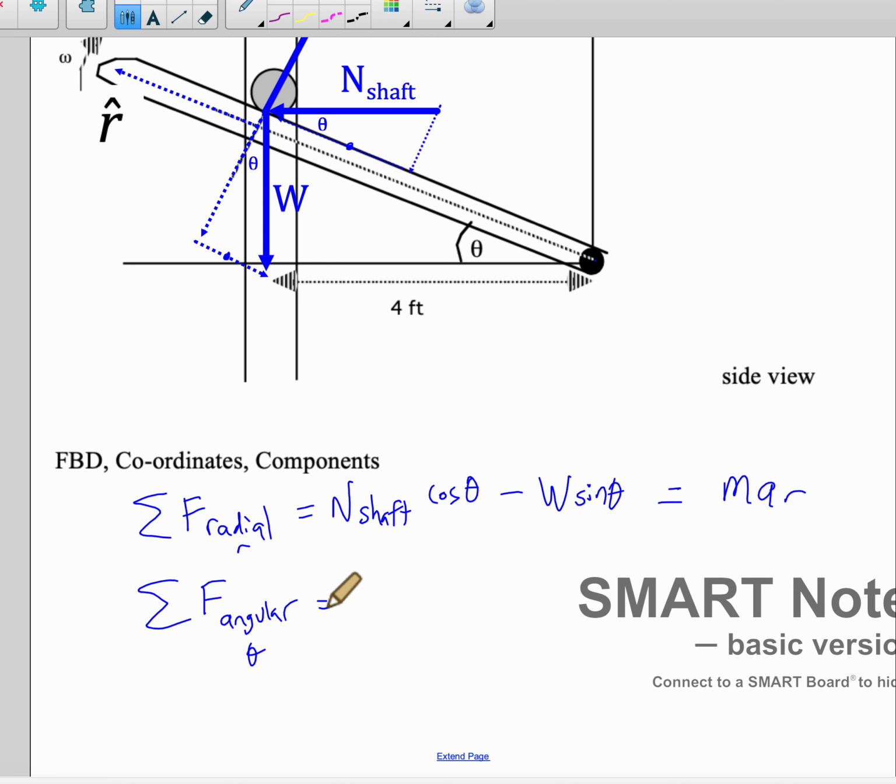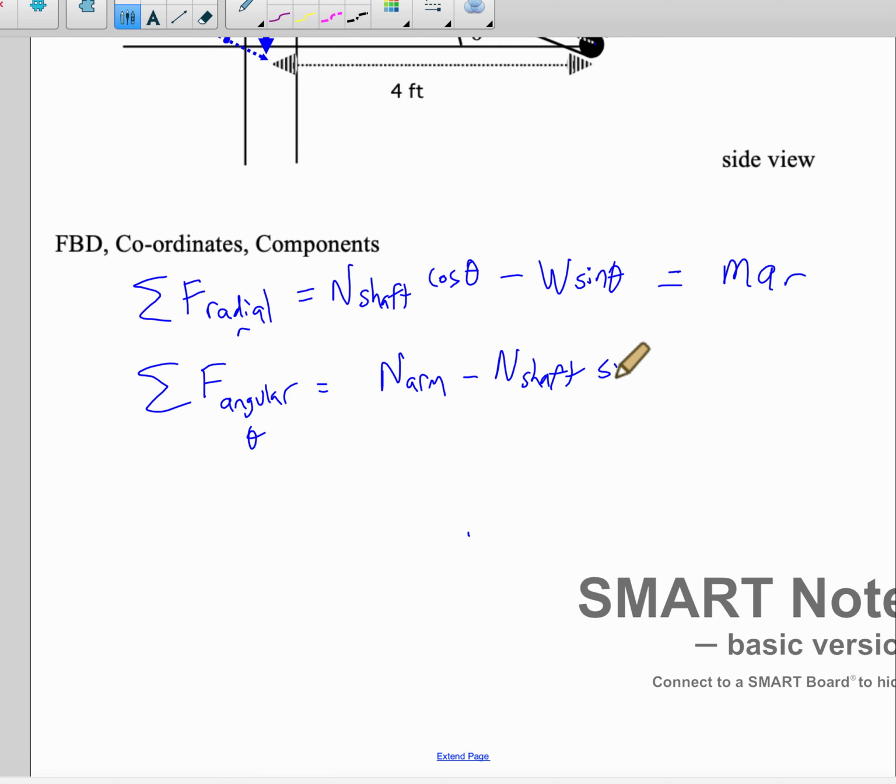Now, we've got the normal force from the arm, which is purely an angular force. Then we've got this one in the negative theta direction and this one in the negative theta direction. So that's minus normal shaft sine theta minus weight cos theta, and that must equal the mass times the acceleration in the angular direction.